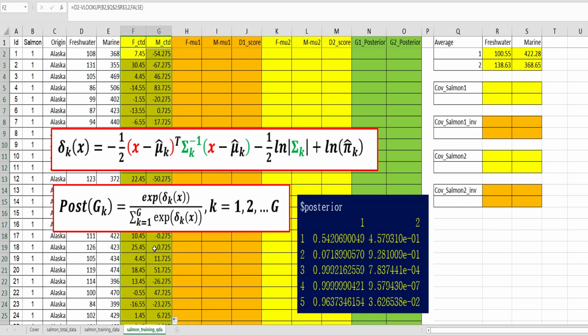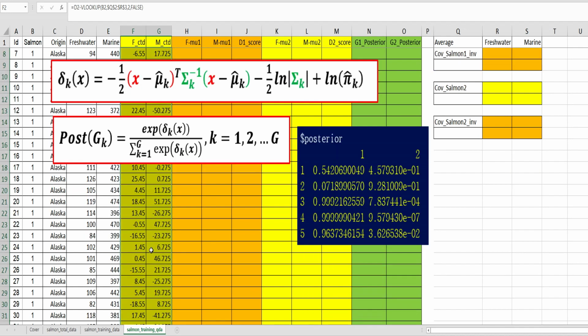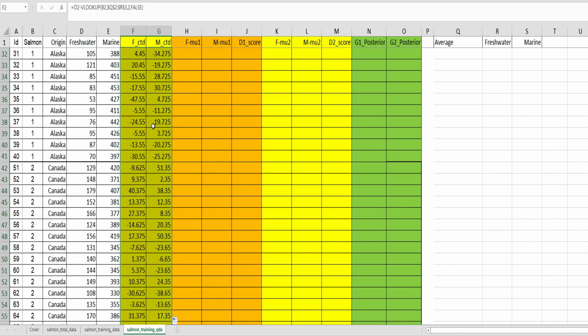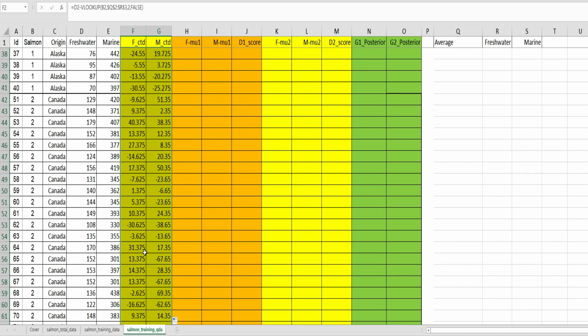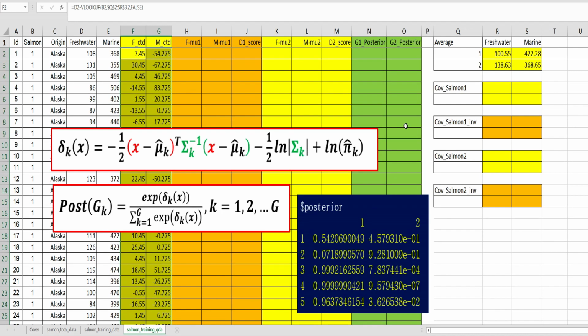Right, there are 80 by 2 matrices here, 40 by 2 for Alaska, and 40 by 2 matrix for Canada salmon. So let's get covariance matrix for salmon 1 here. So finally we need to calculate 2 by 2 outputs here.